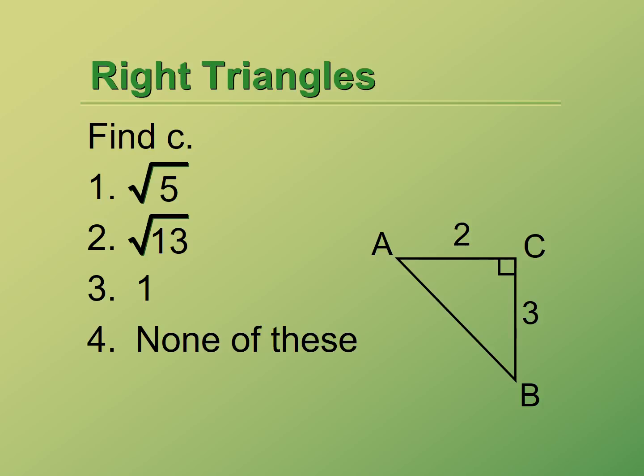So you would have 3 squared plus 2 squared equals c squared, and you're trying to solve for c. So 3 squared is 9, and 2 squared is 4, and 9 plus 4 is 13. So 13 would be equal to c squared. So to solve for c, we would square root both sides, which means c would be the square root of 13.